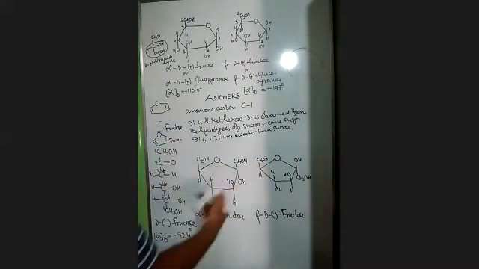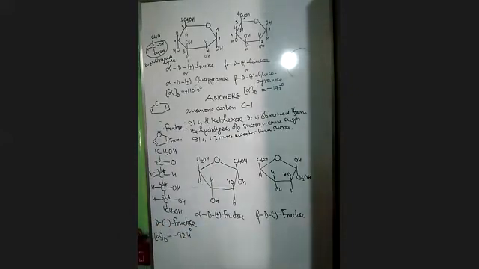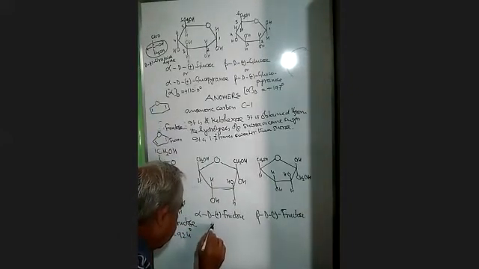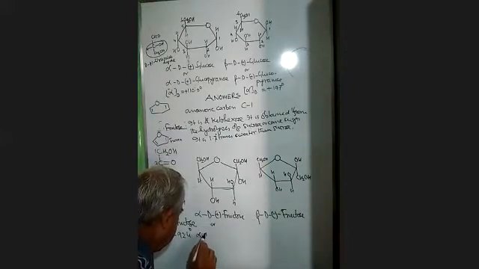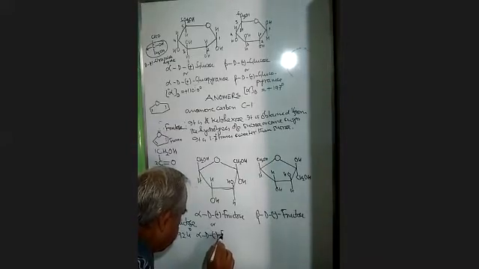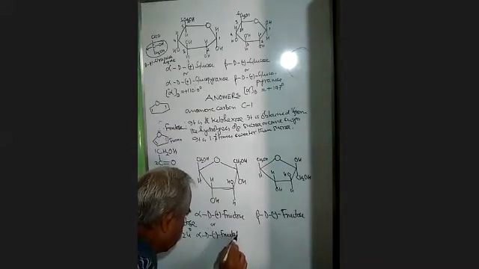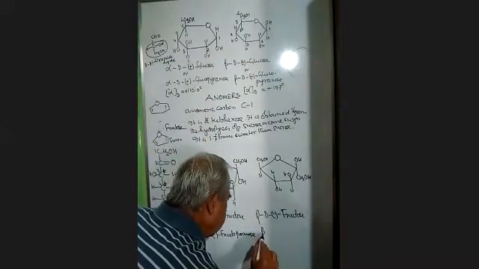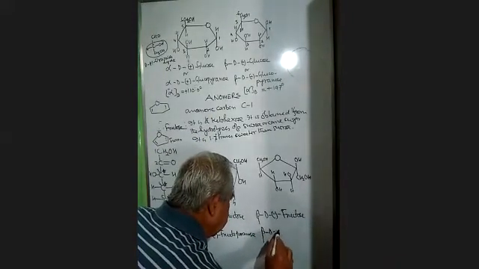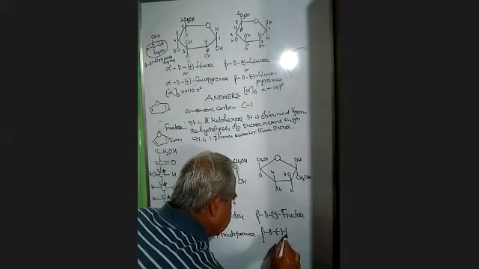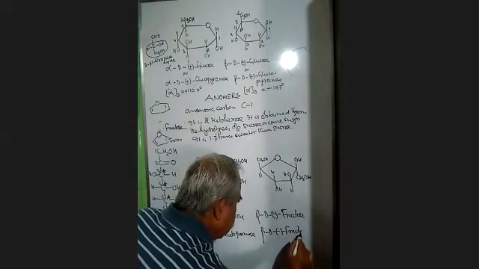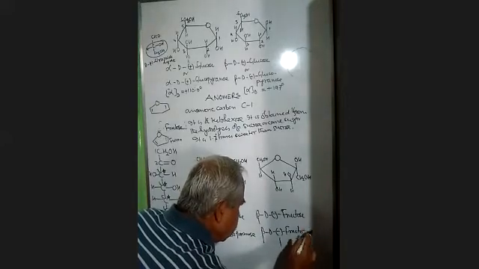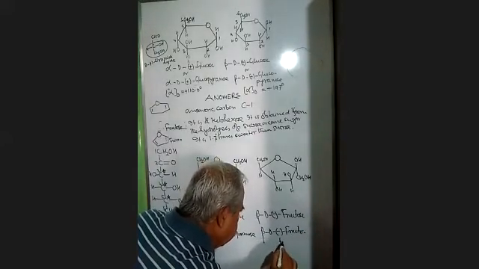So this is called the furanose structure. In that case, another name will be alpha D minus fructofuranose, and similarly this will be beta D minus fructofuranose. One word, furanose.